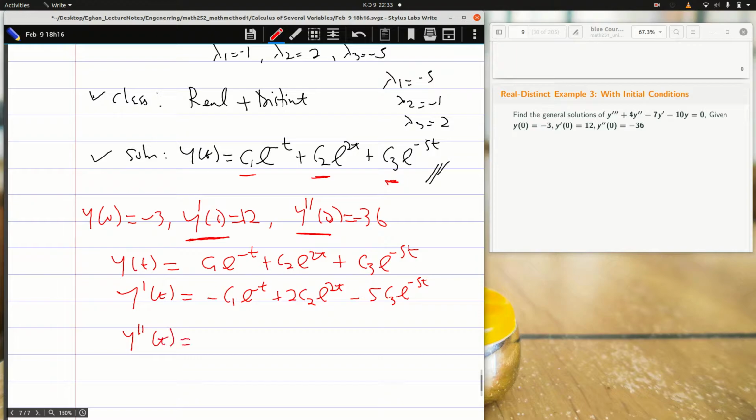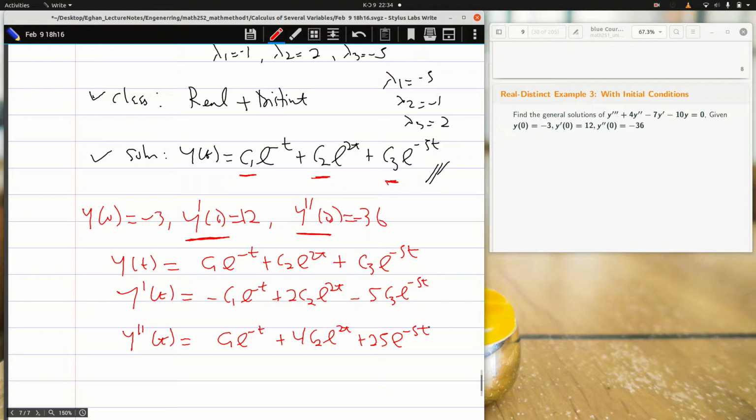I'm going to get C1 of that. I just hope I'm correct with everything. This is my derivatives. I'm done.